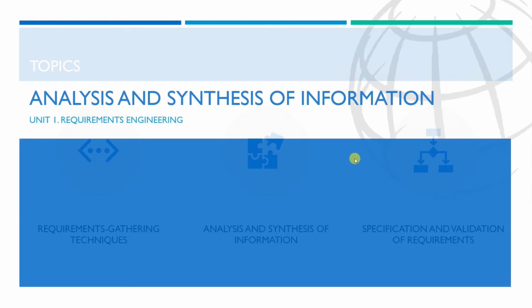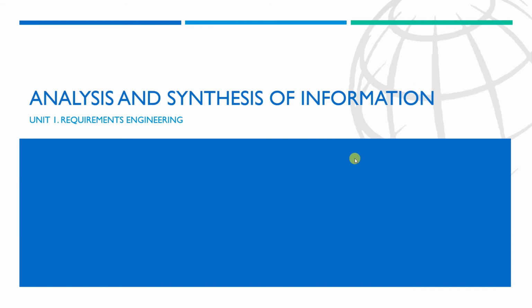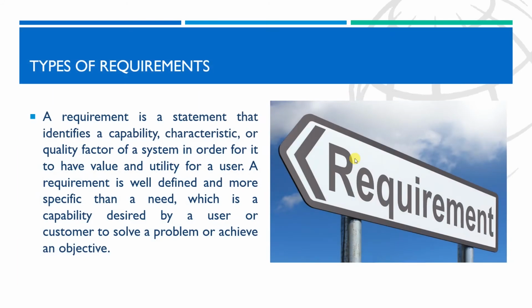To start with the analysis of the information, we need to know about the types of requirements. It is important for the requirements engineer to settle on definitions of the types of requirements that he will use consistently.